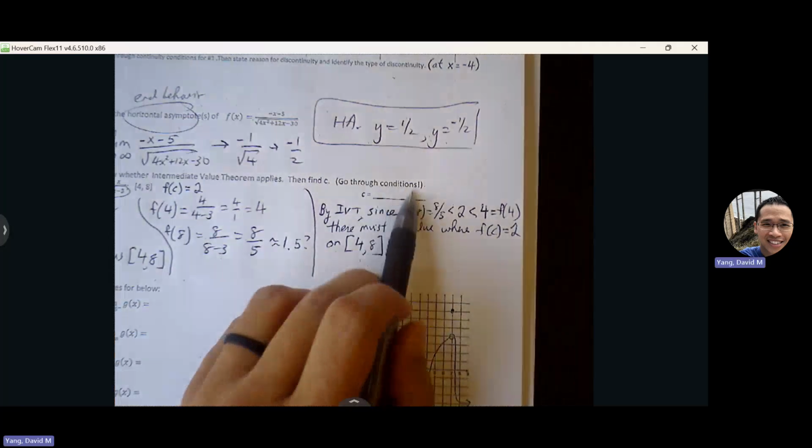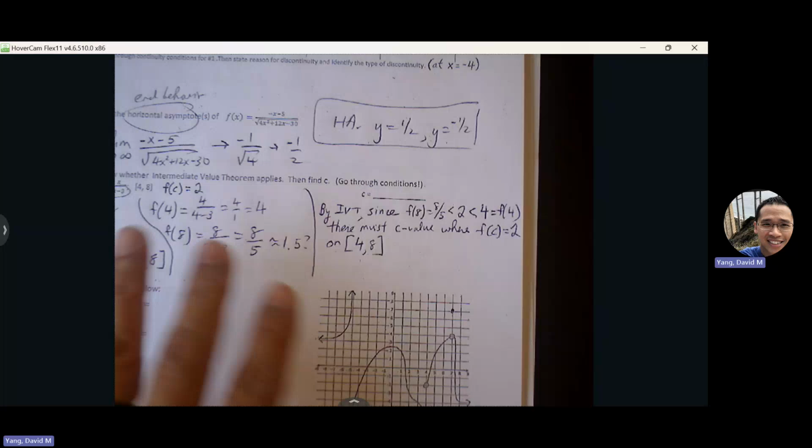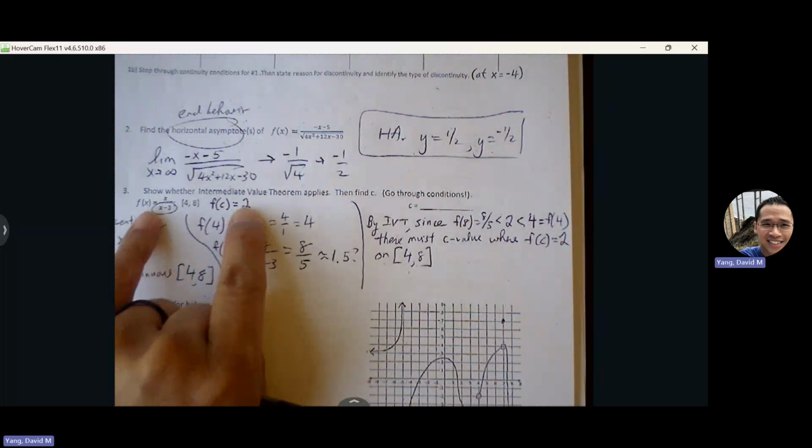And then it's also asking for the C value. So now we just have to set these functions equal to each other. The function equal to the Y value, cross multiply, solve for X. And we're looking for a C value from there.